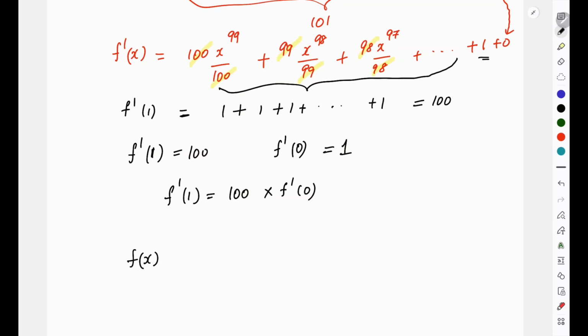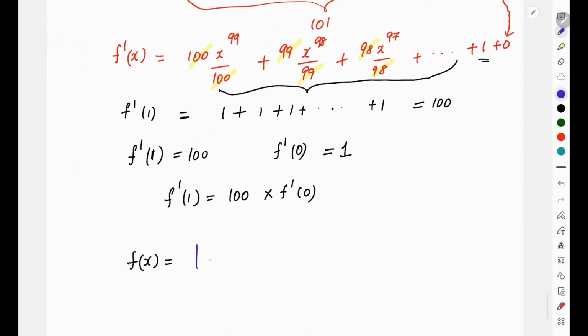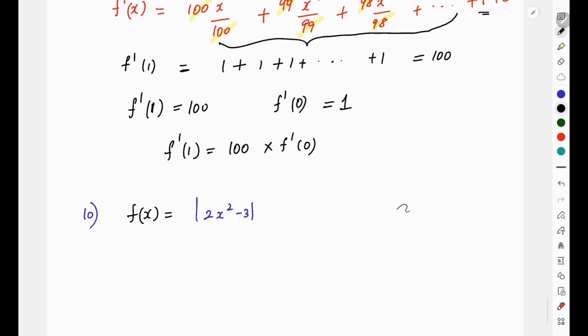So next question is, find the derivative of f of x is given as mod 2x square minus 3. So that's the 10th question. So we have to find the derivative, and we know the basics. Anything inside the modulus, the derivative is that thing divided by mod of that thing, and this thing to be differentiated.